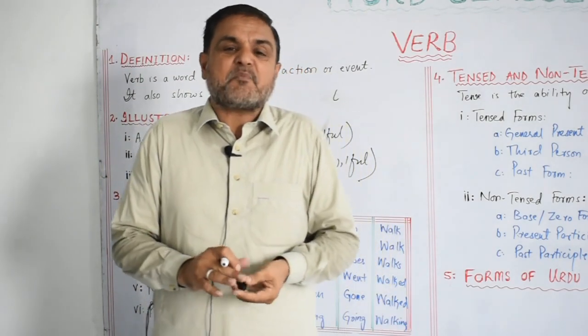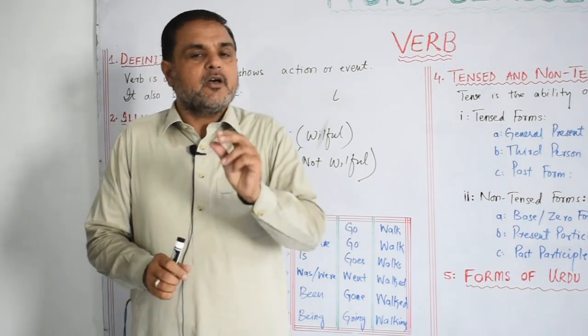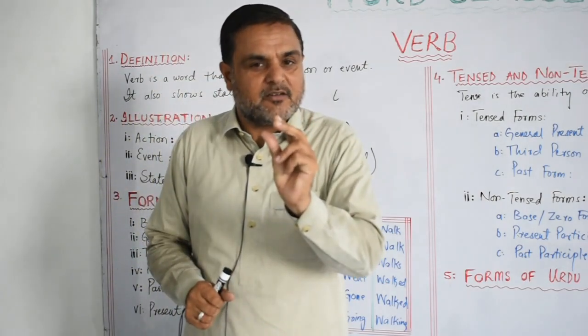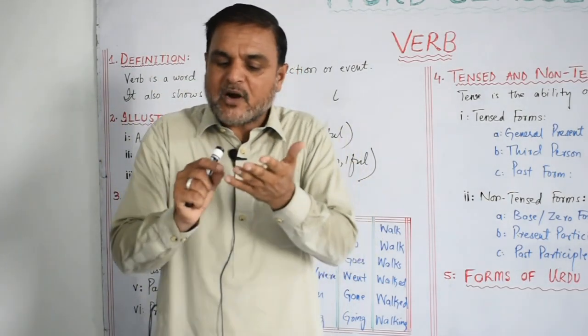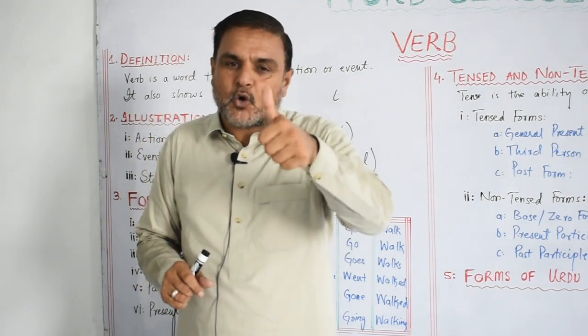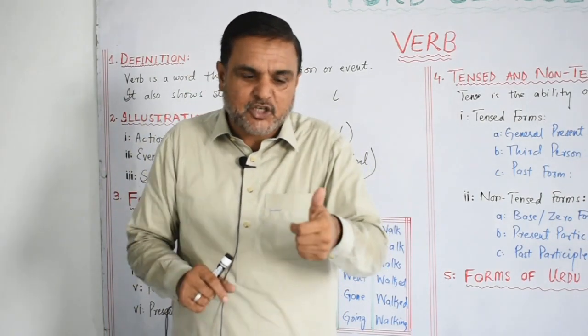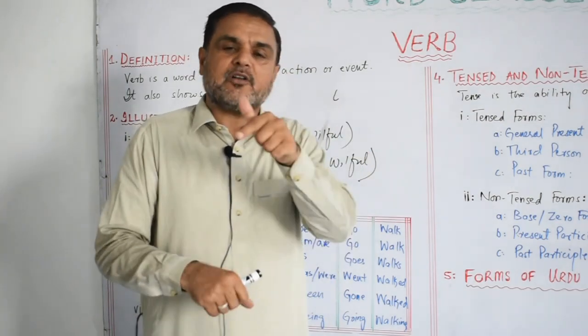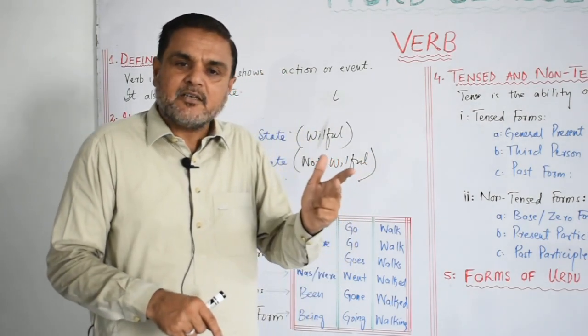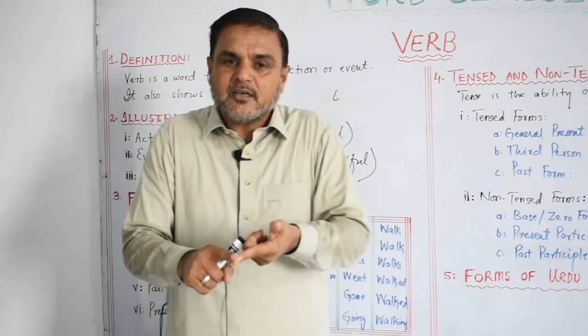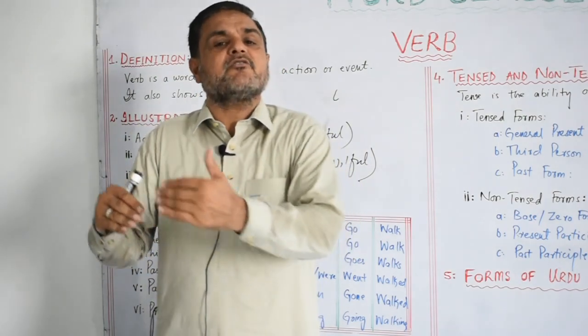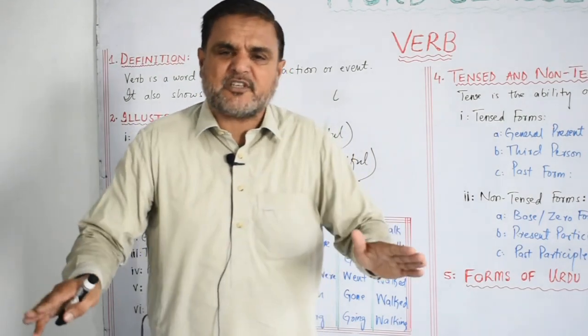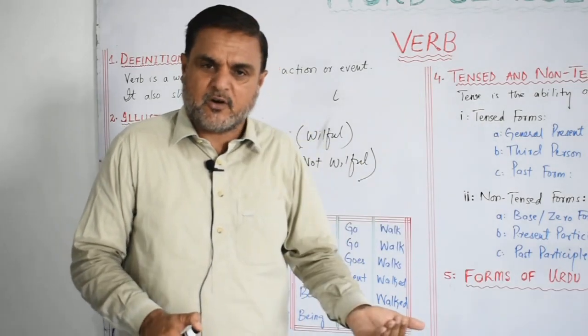This was our brief discussion of the basic definition of verb. What is a verb? A verb is a word that shows action. And what is action? Change of state. Willful change of state. And what is event? Event is a change of state, but it is not willful. It makes no difference whether it is willful or not willful.